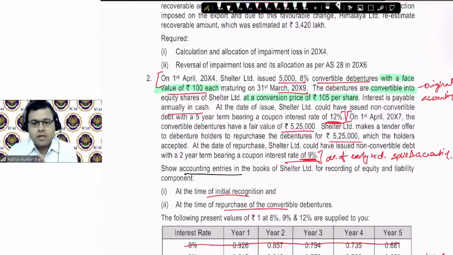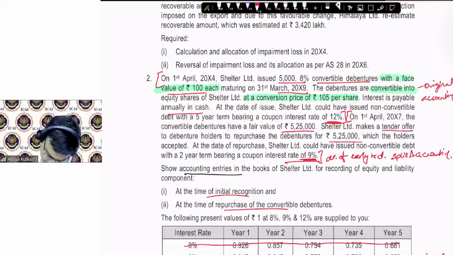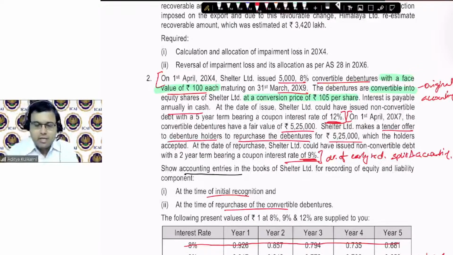Okay. Now understand carefully what is happening in this question. Sir, in this question, there is a tender offer to convertible debenture holders to repurchase the debentures for 5,25,000. That means there is an option of early redemption that is being given, which means these debentures can be redeemed also.